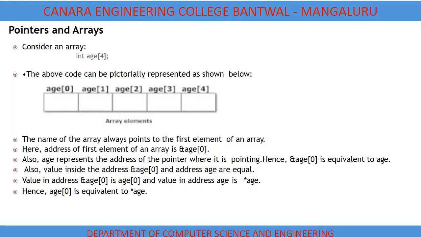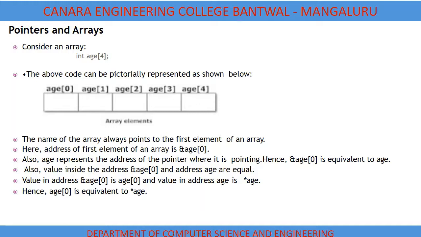Some illustration is mentioned here. Age represents the address of the pointer where it is pointing. Giving age and giving ampersand age of 0 are one and the same, they are equal.